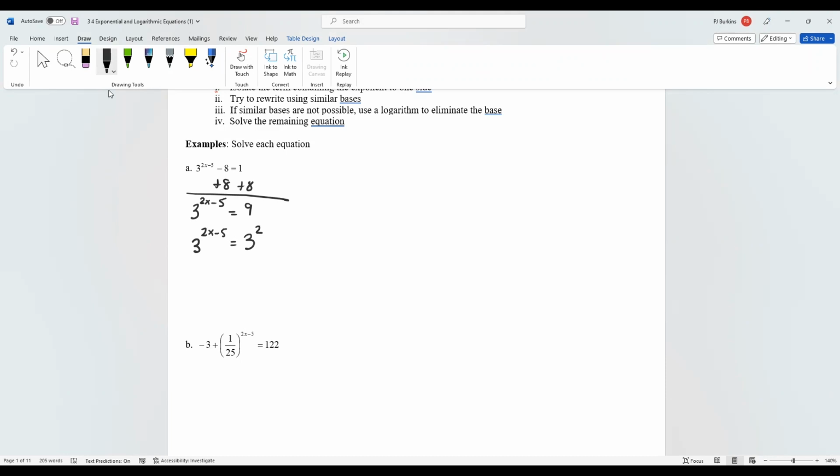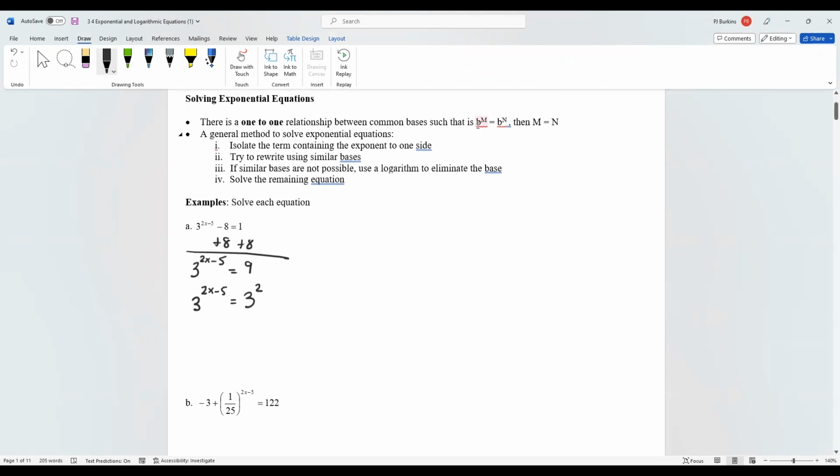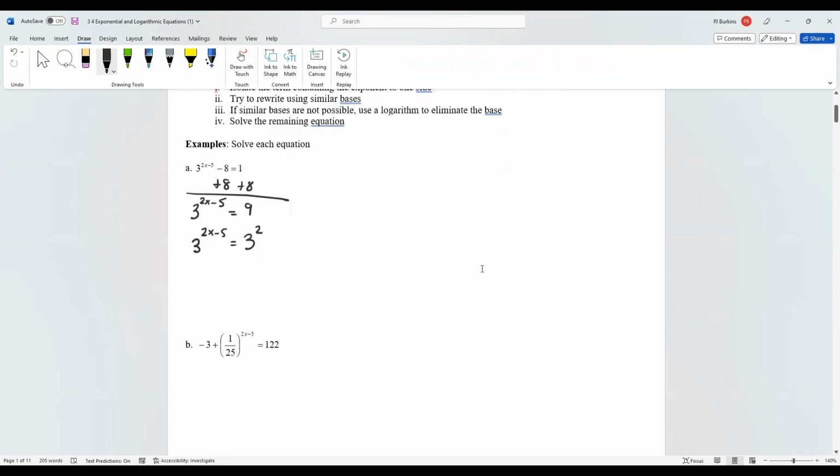Now, as you look above, as soon as we get the same base, then we can just drop the bases and say that the exponents must be equal. So at this point, we could just go straight to 2x minus 5 is equal to 2. Add 5 to both sides. This is fairly trivial at this point. And then divide by 2.